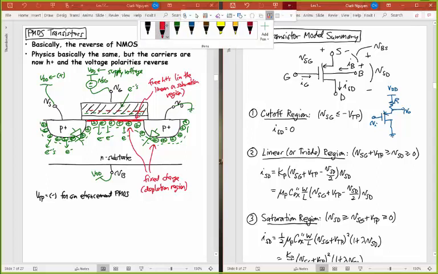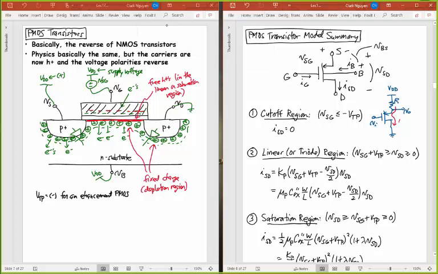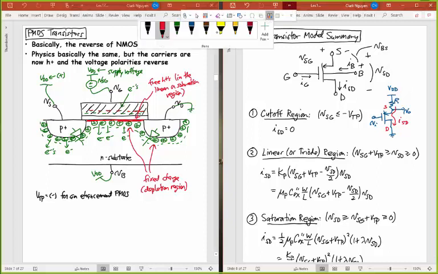Because I've got the higher voltage on top, the current will flow this way. And in this case, for PMOS, I have to call this ISD because this is the source and that's the drain. Okay? And you can sort of see the voltages being applied. Instead of VGS in this case, we're interested in VSG. And I'm missing a negative sign here.